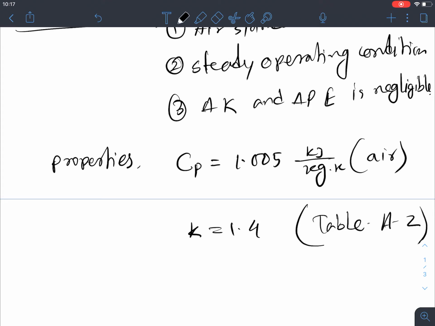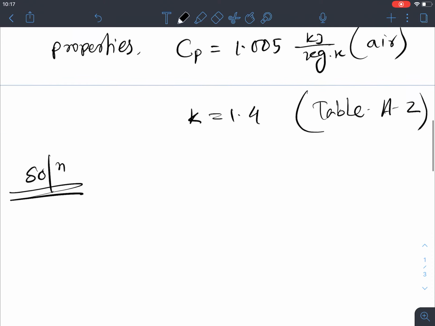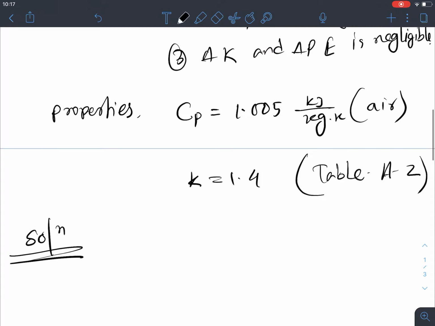Okay, so now analysis or solution, right? So let's take a look at the cycle right here, 5 to 6, 6 to 7, and 7 to 8. What is happening?